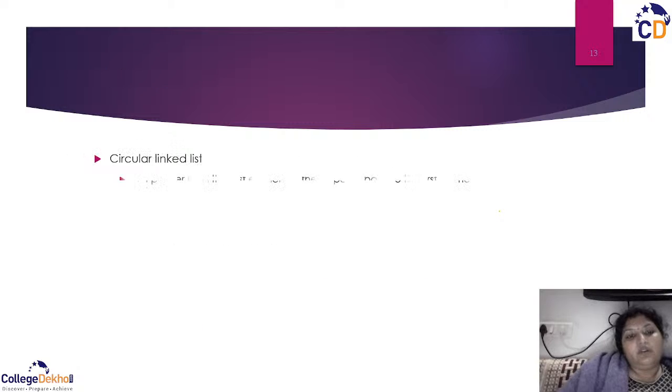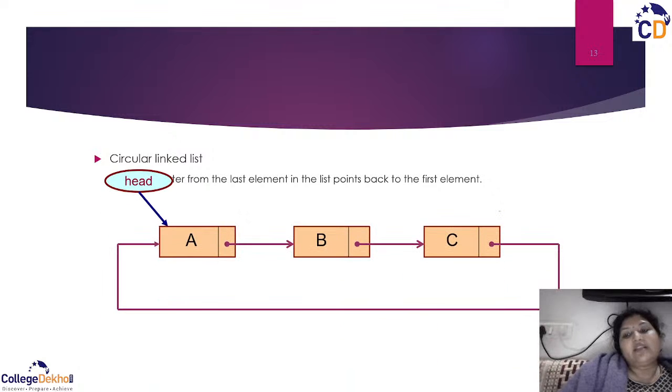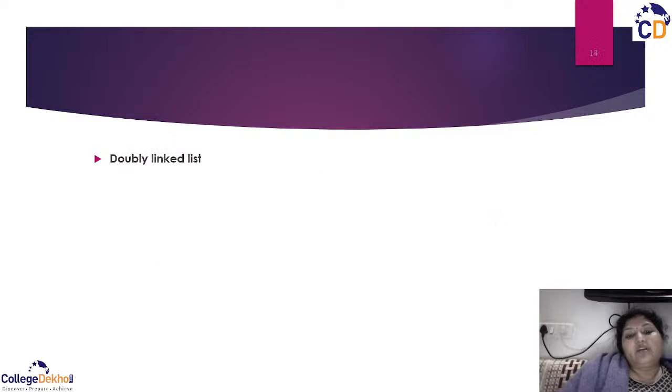In a circular linked list, the address in the last element will be pointing to the first node, the head. So this is the type of linked list where we make a ring type of structure. All the items make a circular path.